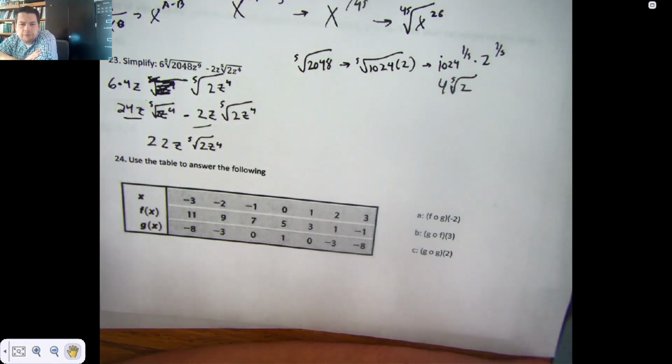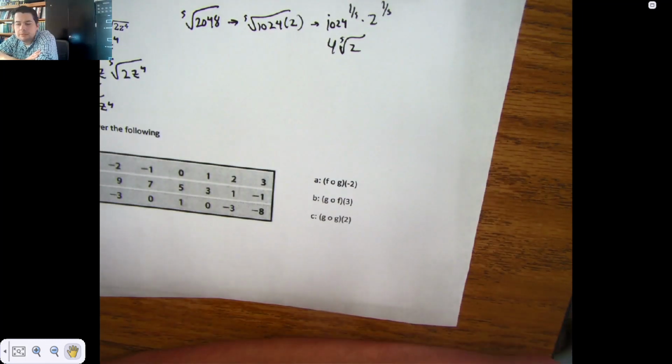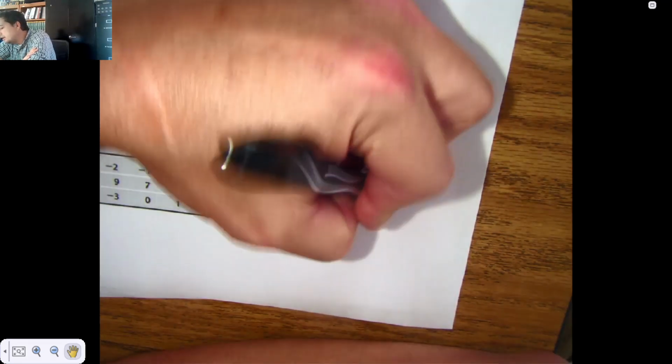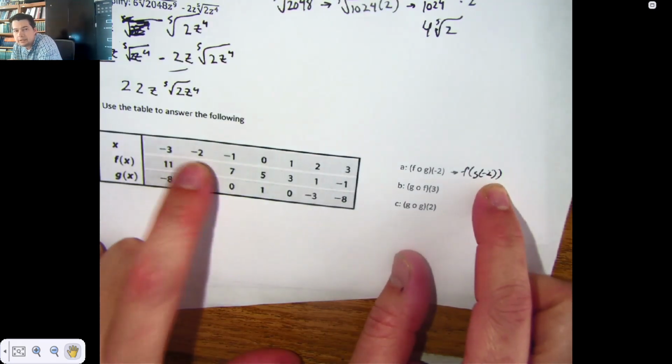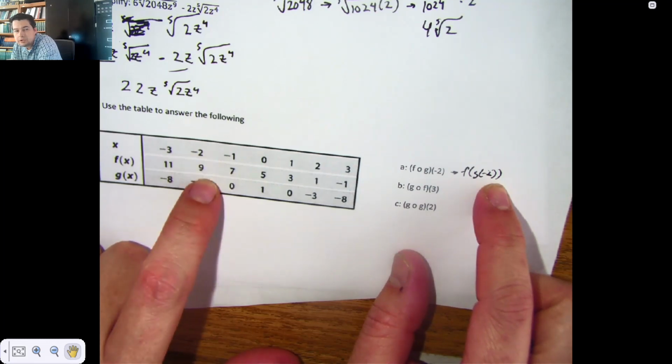Now let's use a table. There's only 2 classes I actually got to talk about the table with, so this might be a little bit new to some of you. F of g of -2. And again, remember, you think about this as f of g of -2, written like that. So I get to use the table to figure out what g of -2 is. I go to where x is -2, and I look at function g.